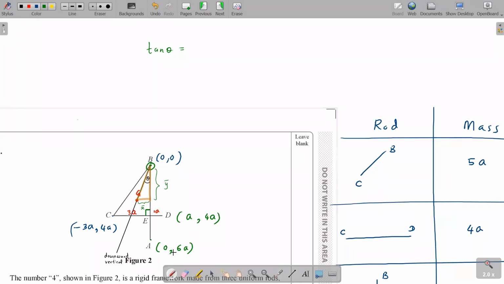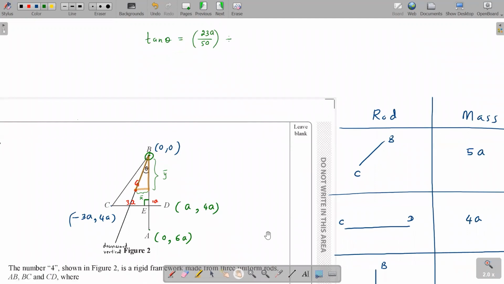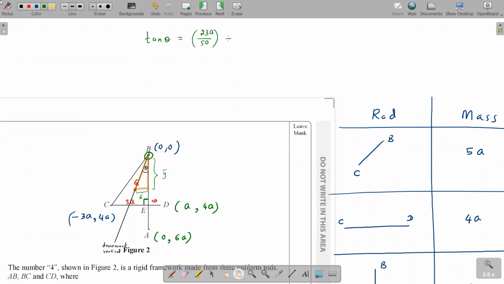So 23A over 30, you divide this by Y bar. What was the Y bar that we got? Y bar was 44A over 15, right? So divide, get the answer. Simplify 23A over 30 multiplied by 15 divided by 44A.